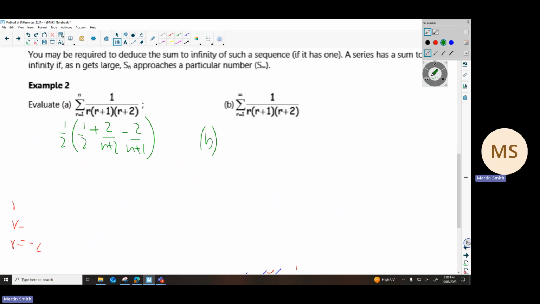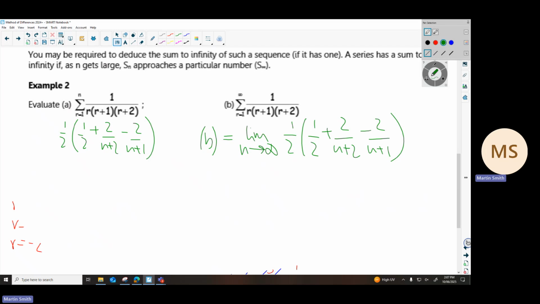So the proper way of doing B is to say this is equal to the limit as n tends to infinity. That means as n gets larger and larger and larger of the sum of the first n terms. And the sum of the first n terms is given by a half into a half plus 2 over n plus 2 minus 2 over n plus 1.